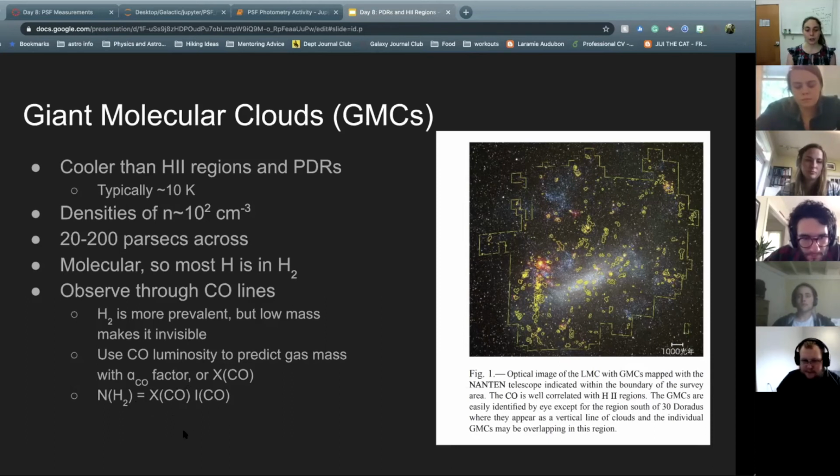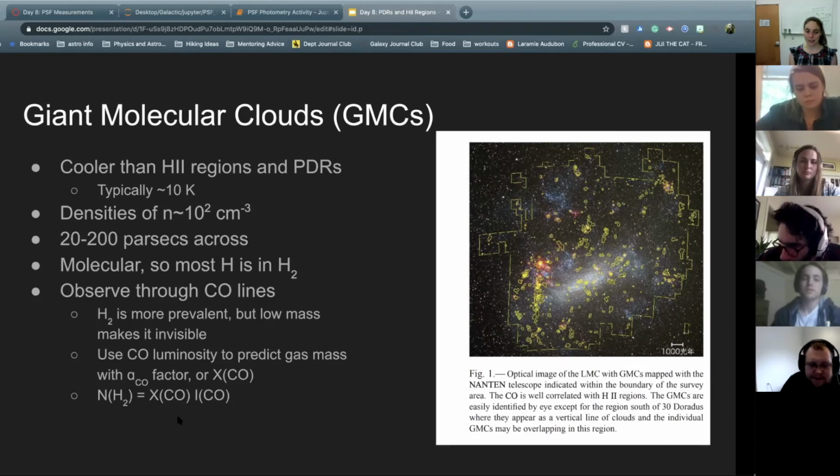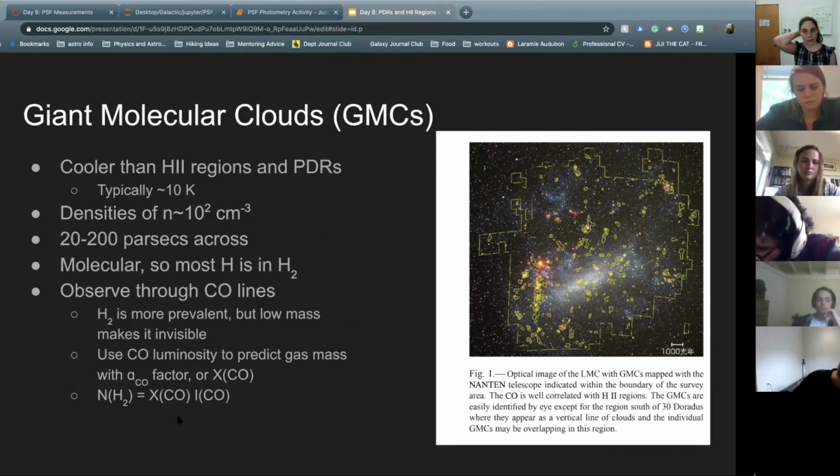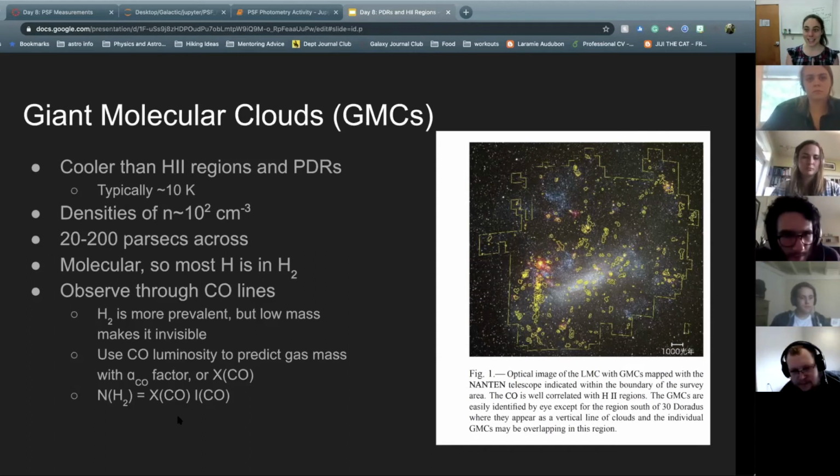There is a huge debate about what this value is. We don't really know. It seems to be different depending on where you look. That's semi-problematic because we use this equation to get gas masses for galaxies throughout the history of the universe. If we do not know what XCO is and how it changes as a function of metallicity, dust content, temperature, who knows what else, we are very likely getting our molecular hydrogen gas masses incorrect.